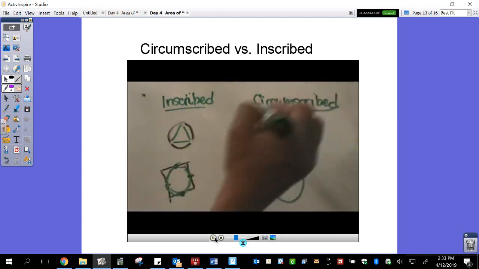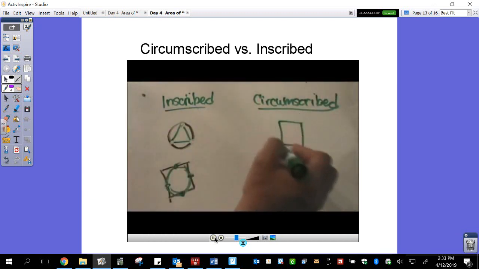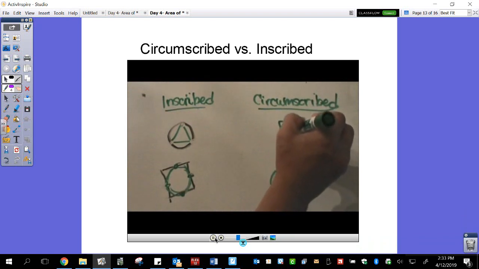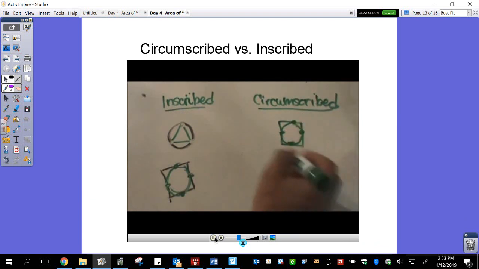Okay, now let's look at circumscribed. If this polygon is circumscribed about a circle, that means the circle is inside of it. So we say the polygon is circumscribed about the circle. And then if the circle is circumscribed about a polygon, I'll just draw a polygon inside.